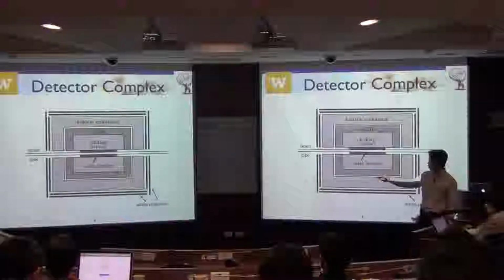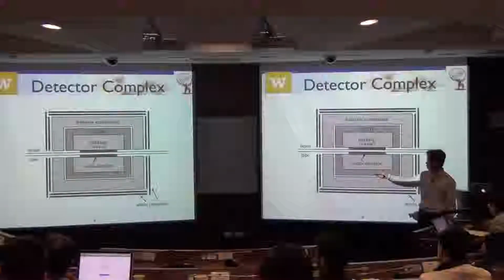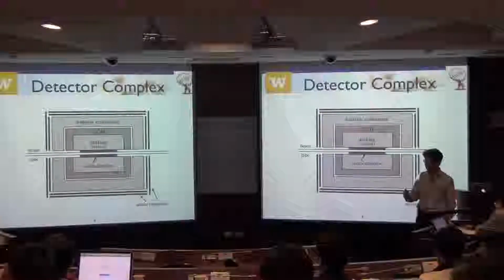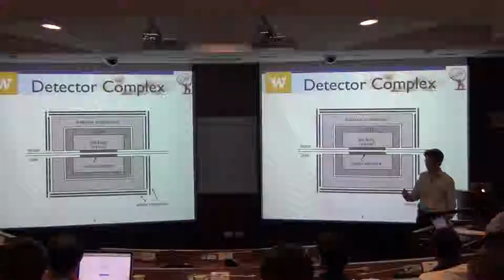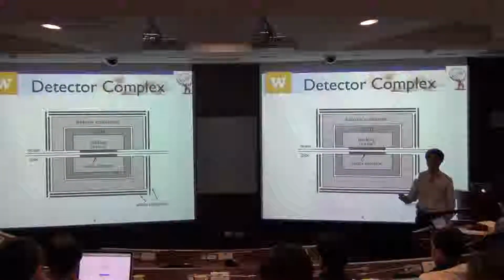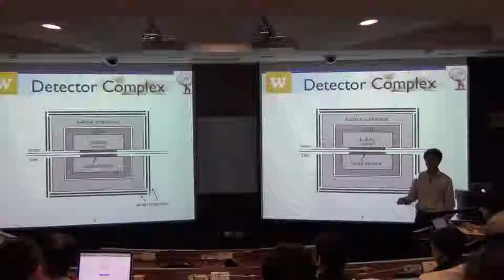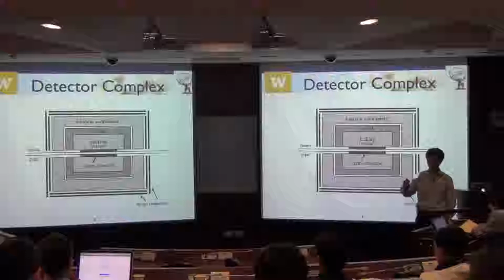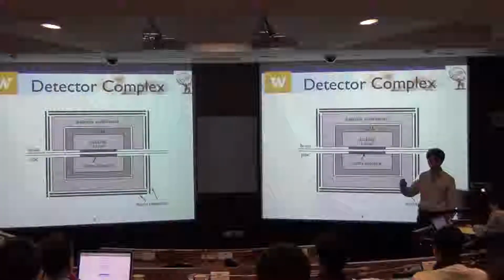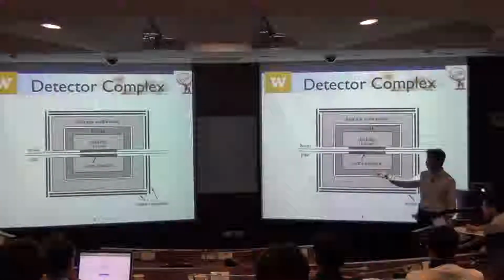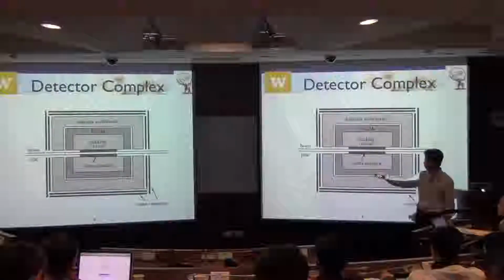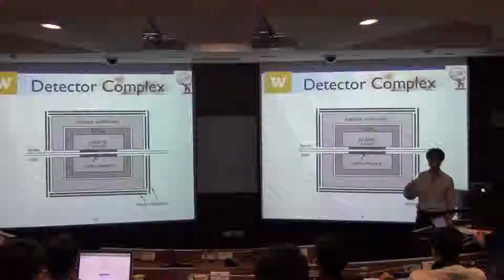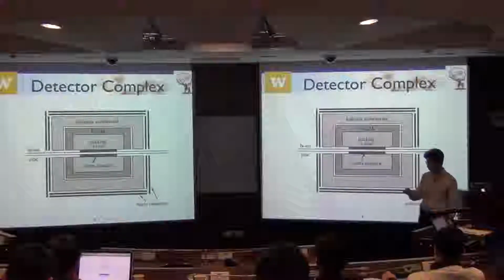Then outside the calorimeter, you put an additional tracking device. So if you have a muon, which is a minimum ionizing particle, you could use those devices to either tag the muon, or if you build more layers outside the calorimeter, you can even measure its momentum.